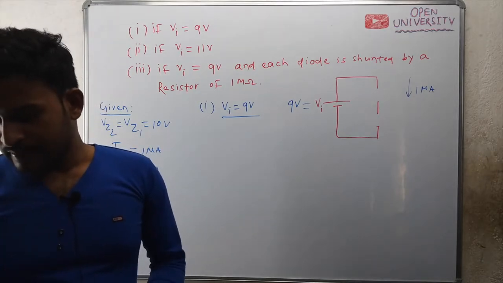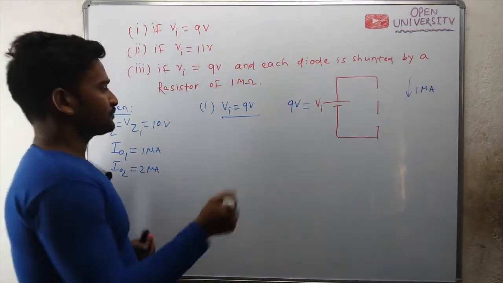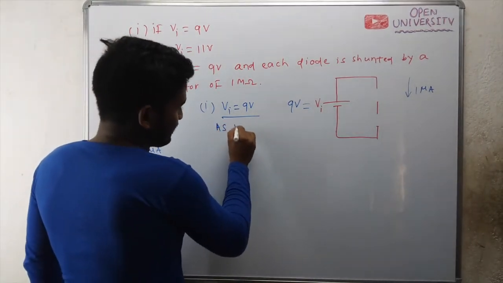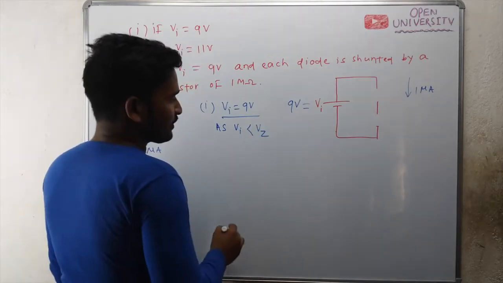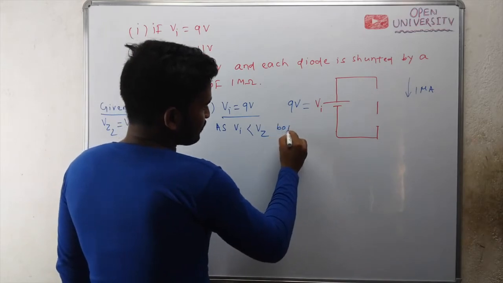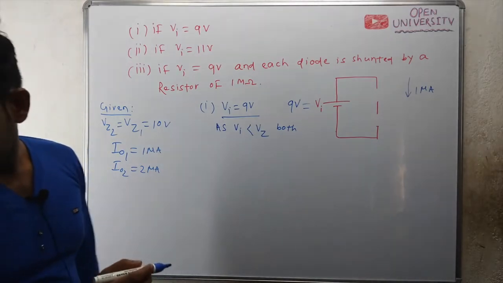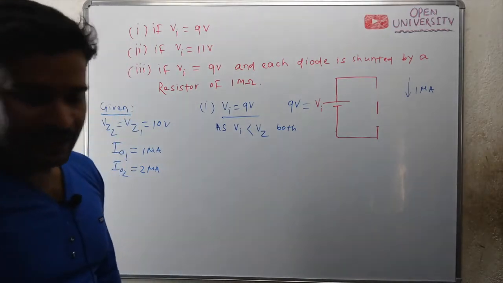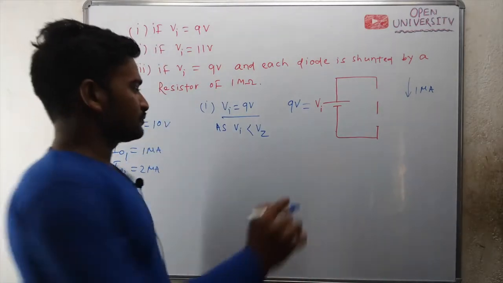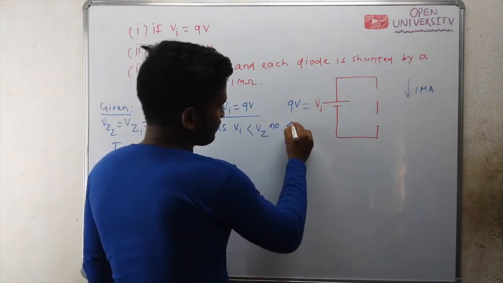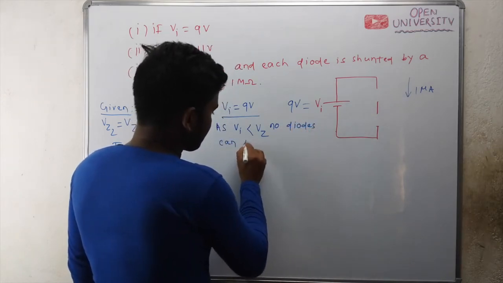So write down this point: the input voltage Vi is less than Vz, so no diode can be in breakdown.